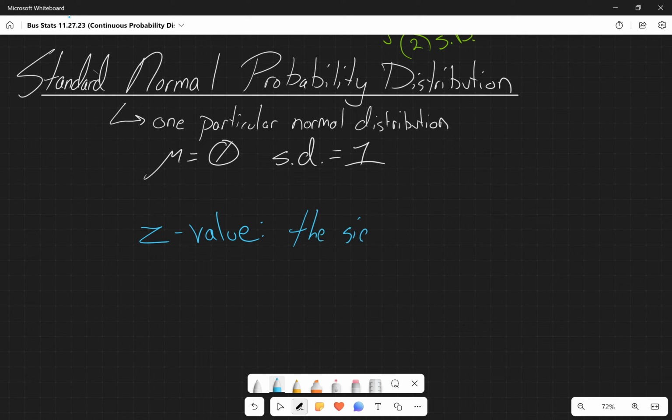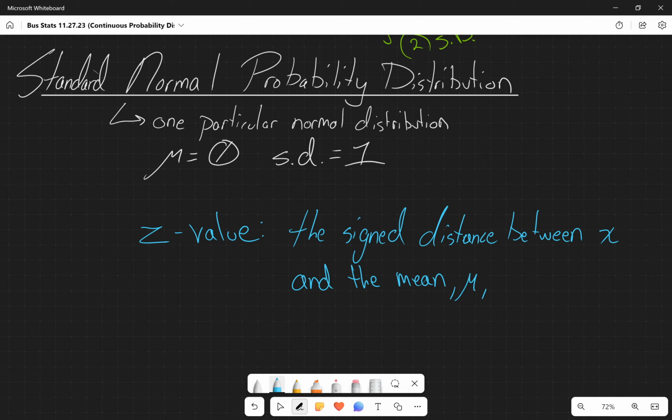So we're not taking the absolute value of it. That's what this is saying. The signed distance between a selected value designated x and the mean designated mu divided by the standard deviation.